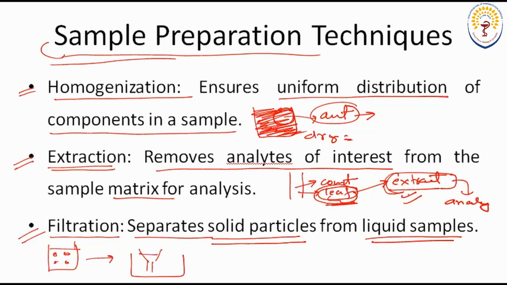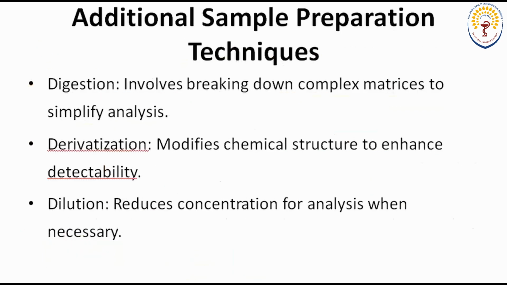There will be a filter paper in the funnel, you pass the mixture through the funnel, the solid particles get retained in the funnel, and the liquid comes into the beaker or the conical flask. Now either you can analyze the solid or you can analyze the liquid. You have separated these two things and you analyze them separately. That's how we use filtration.